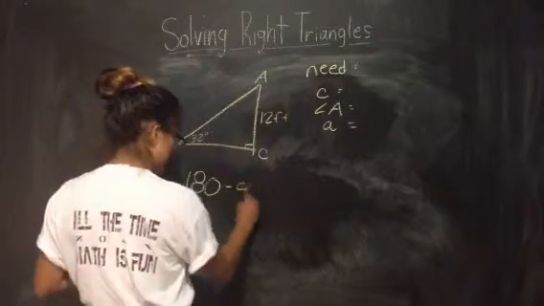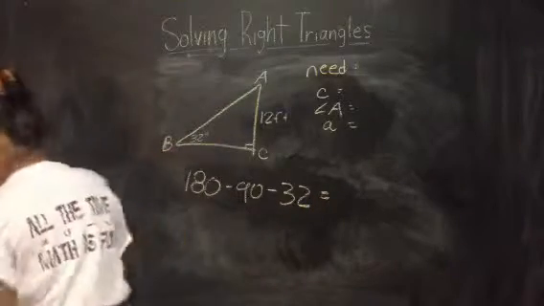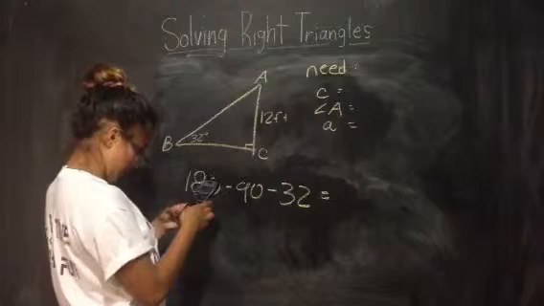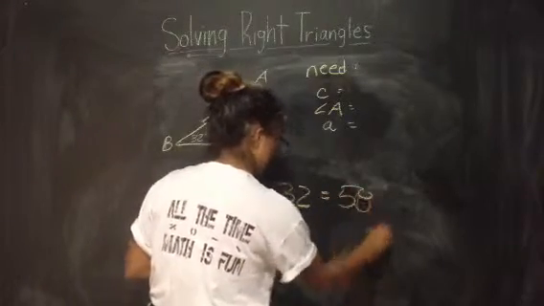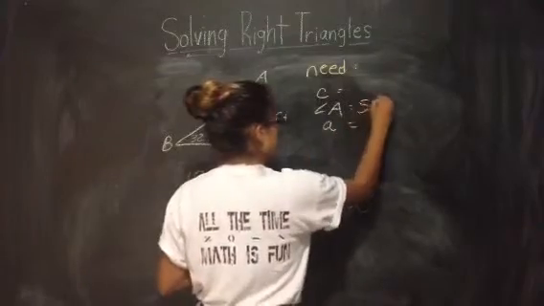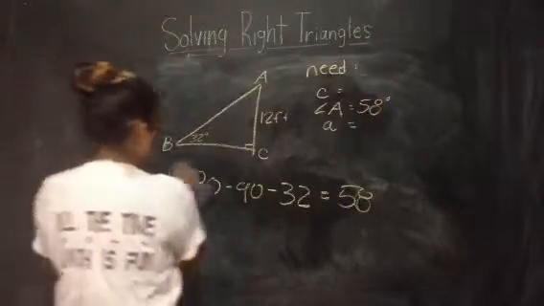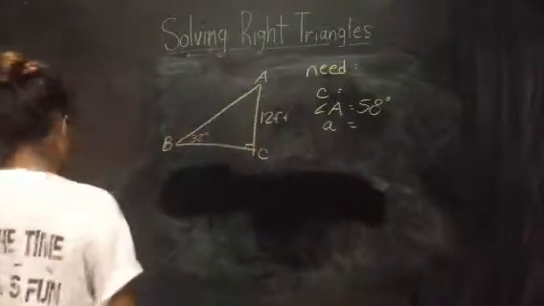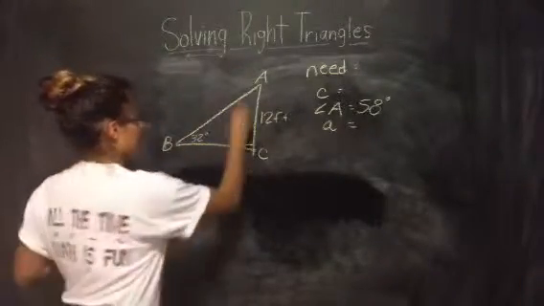So 180 minus 90 minus 32 equals, if we do this on a calculator, 58. So then that would be angle A, 58 degrees. So now we're trying to find the two missing sides. This is 58.